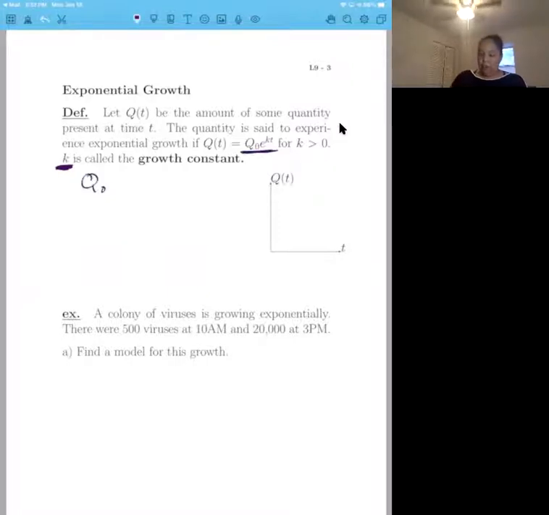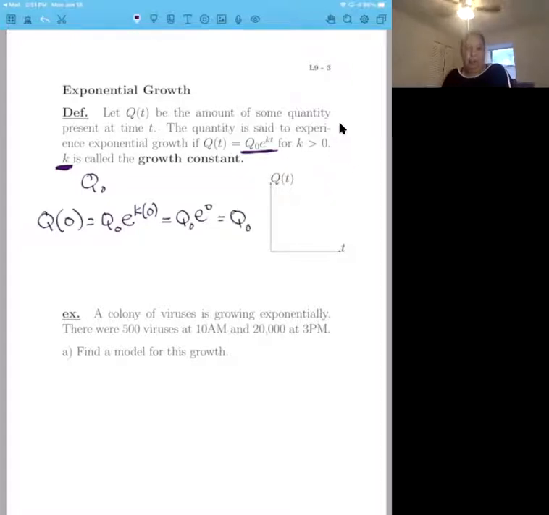So if I have my function Q of t and I plug in time 0, then I get Q naught E to the K times 0. It doesn't matter what K is, K times 0 is always 0. I'm going to get E to the 0, and E to the 0 is always 1. So you're going to get Q naught, the initial amount.